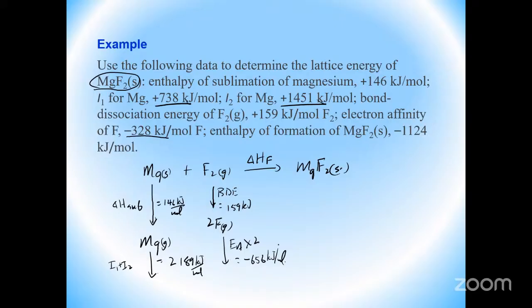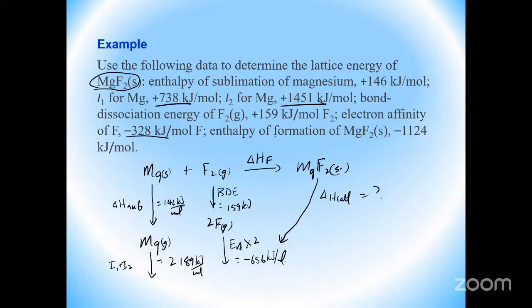And then we go from here to here to get the lattice energy, which is what the question is asking for, right? Because remember, I'm going by the textbook definition. The lattice energy would be the energy required to break up the magnesium fluoride into its gaseous atoms. So this is what the question is asking for, right? So basically, applying Hess's law, and by the way, before I forget, delta HF is given.